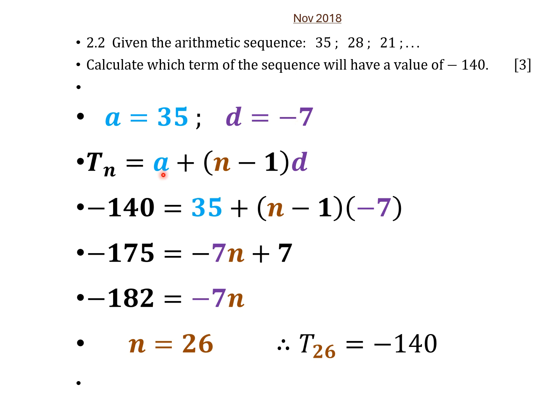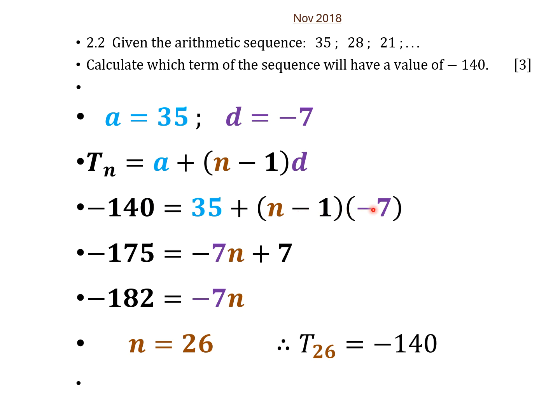So Tn equals a plus n minus 1 times d for an arithmetic sequence. a being 35 and d being 28 minus 35 gives me negative 7. 21 minus 28, negative 7. So in place of a, I substitute 35. In the place of d, I substitute minus 7. 1 mark for that substitution, and then Tn equals negative 140.